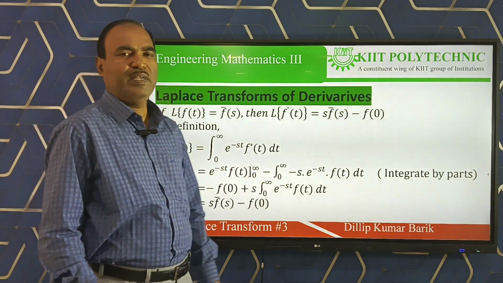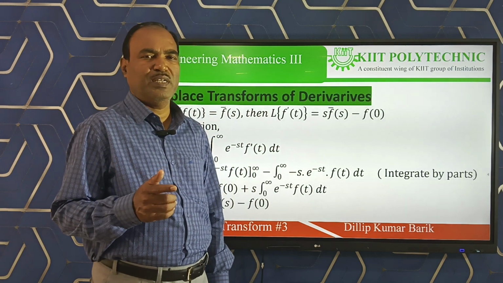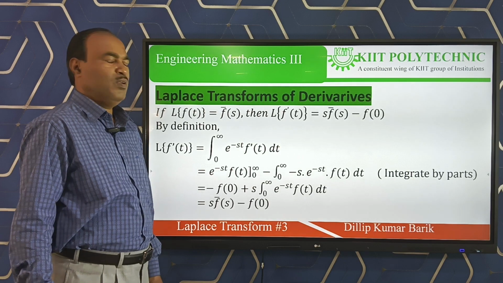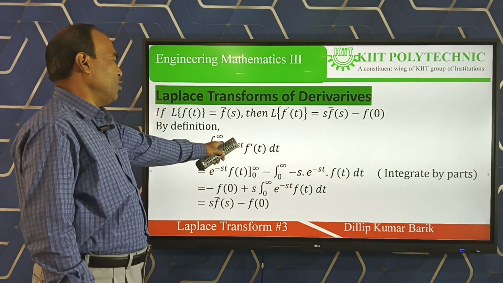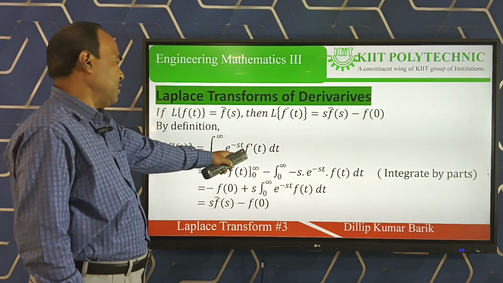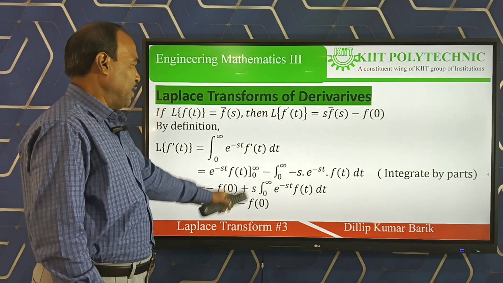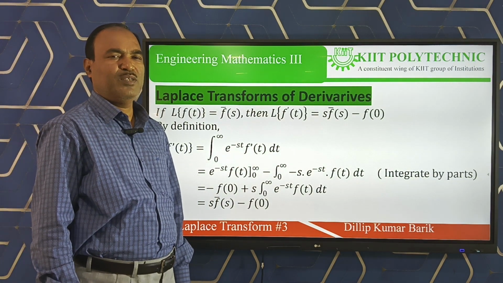There is a rule, integration by parts. When a product of two functions is given, how to find the integration? It is very simple to derive. Taking the first function e to the power minus st and the second function f dash t: first function into integration of second, minus whole integration of derivative of first into integration of second.